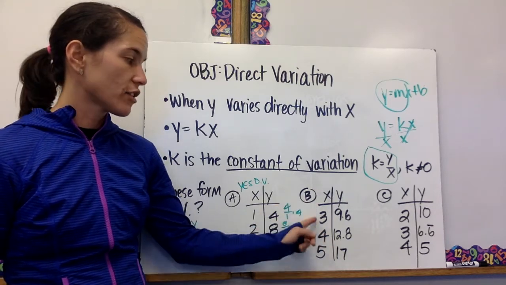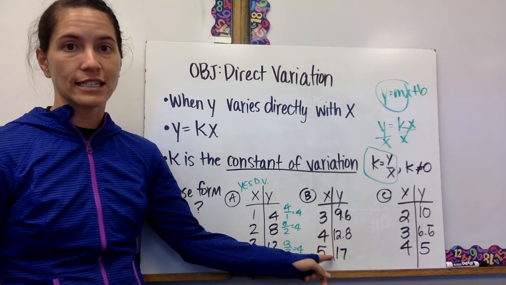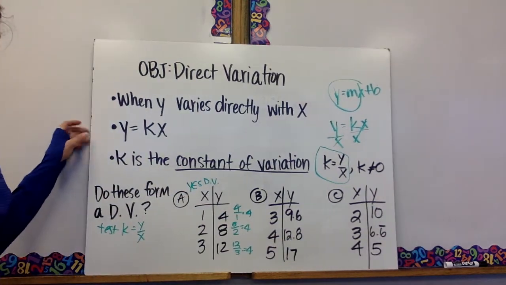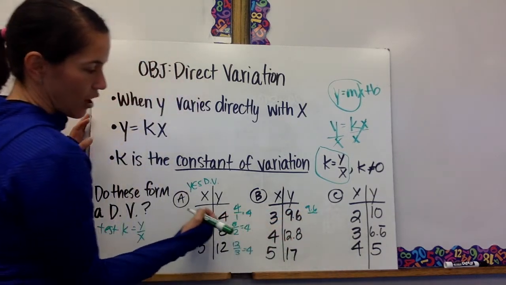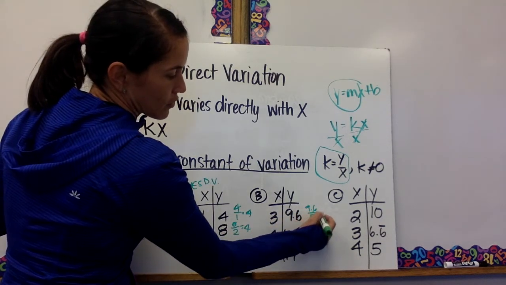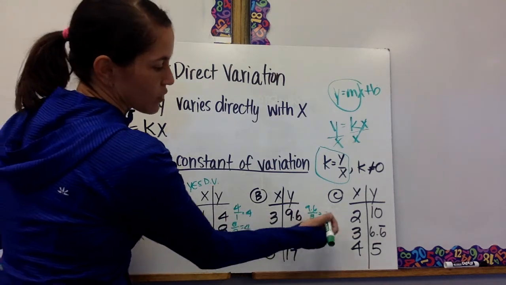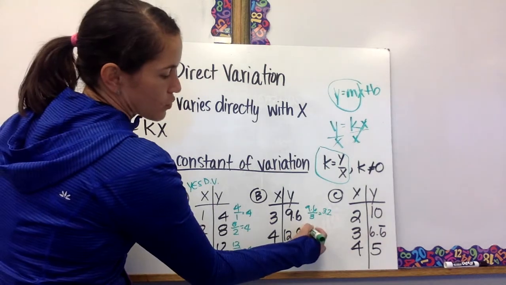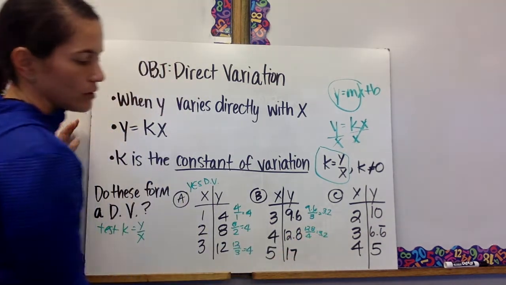B, we have 3, 4, and 5, 9.6, 12.8, and 17. We need to test the k's to see if it's a direct variation. I'm going to set up my ratio. K is equal to y over x, 9.6 over 3. You can use your calculator, and you always want to reduce, so that would be 3.2. 12.8 over 4 is 3.2.